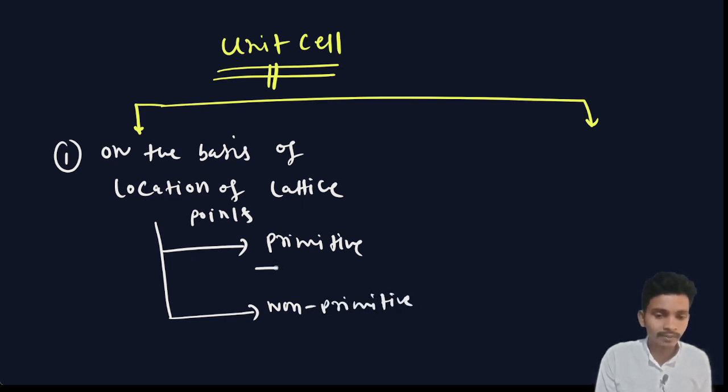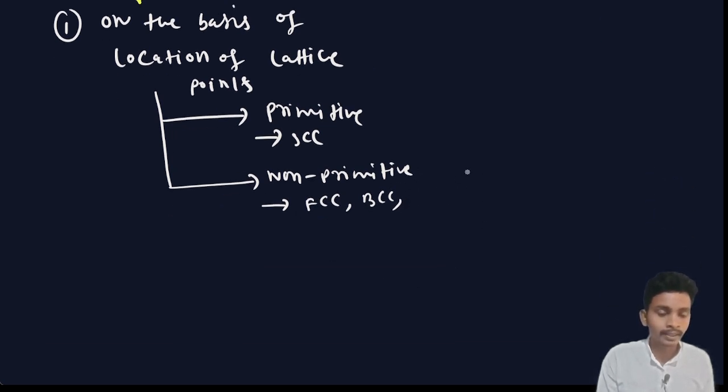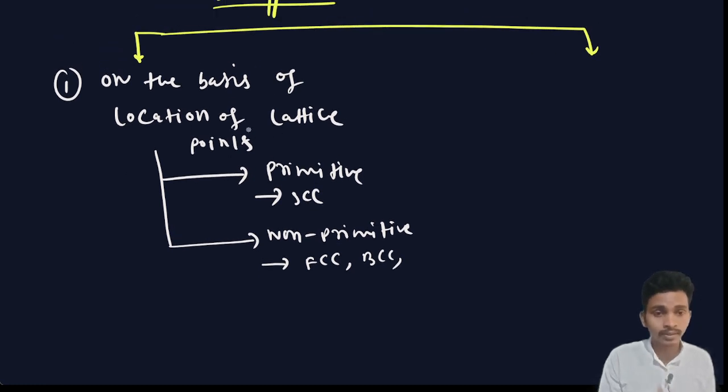The primitive case is SCC, and in the non-primitive case we have FCC, BCC, and others like body-centered and edge-centered cubic lattices. So that we discussed in the previous class.